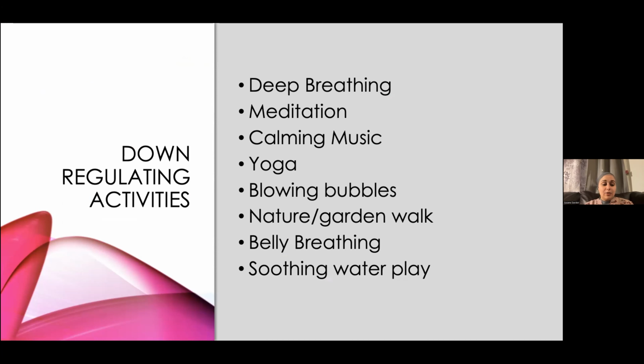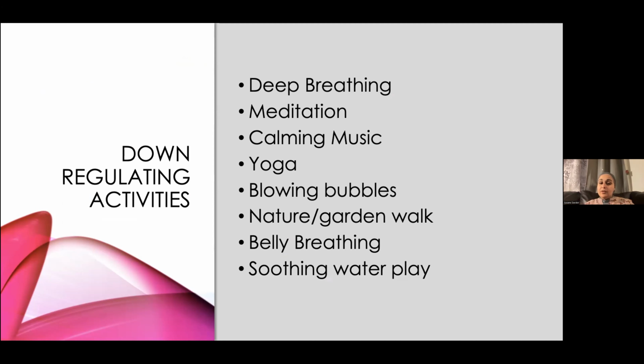So I do this a lot with my littles. I have a sensory little brush. And if you don't want to buy a sensory brush, you can literally buy a bristle brush from Dollar Tree and it works great. Just a soft little brush, and I brush their arms very calmly. And we do brushing together in the beginning. Or we can do just some deep pressure where I just hold their arms and we do a little squeeze, and I can have them hug themselves if they don't want to be touched, and they can do their own hugging, and I model for them and show them, and we do that.